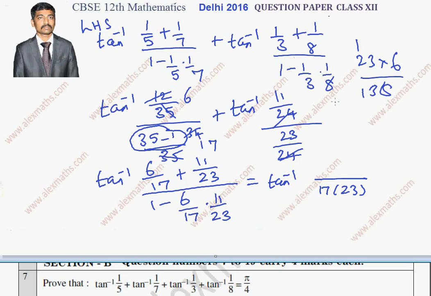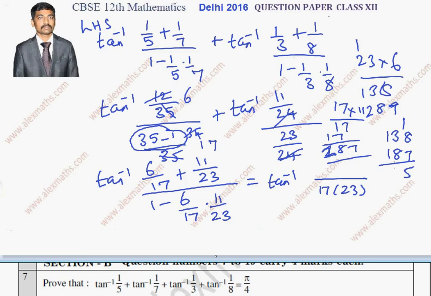And 17 into 11 is 187. So if I add 138 with 187, totally I'm getting 325 in the numerator.